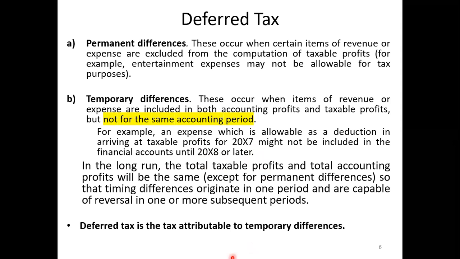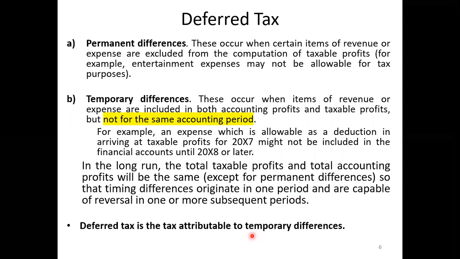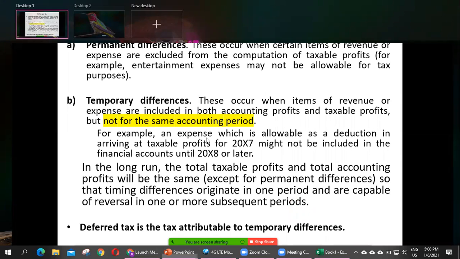So, in the long run, total taxable profit and total accounting profit will be the same, except for permanent differences. So timing differences originate in one period and are capable of reversal in one or more subsequent periods. That's what this explains.